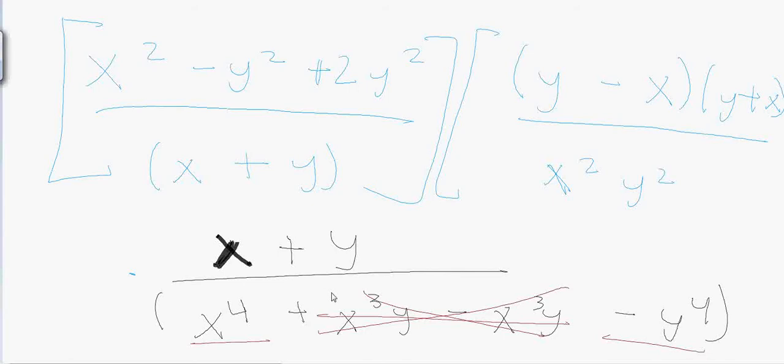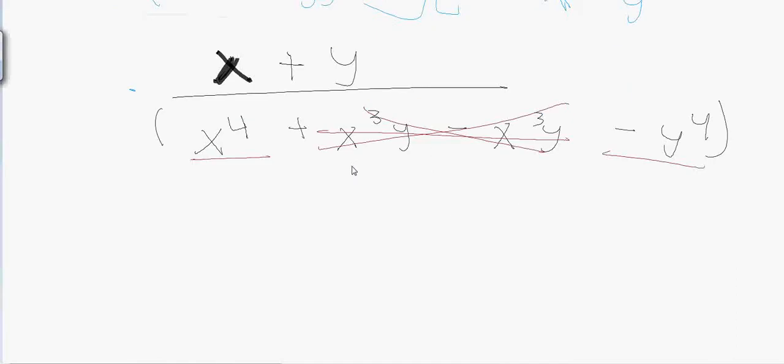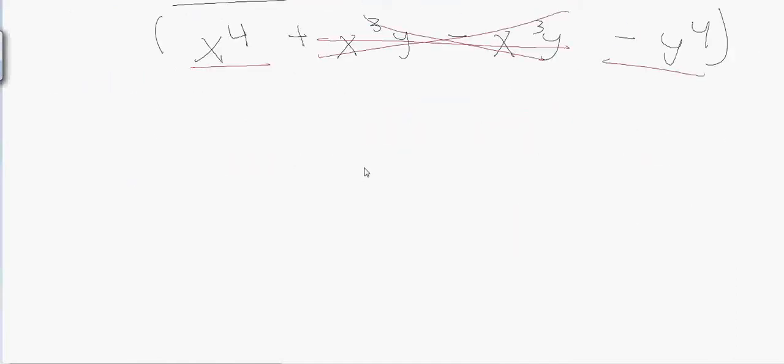Now, when you simplify this, this is also a unique pattern. You need to know this. Essentially right here is x squared plus y squared after you simplify it. And so let's continue to simplify this.